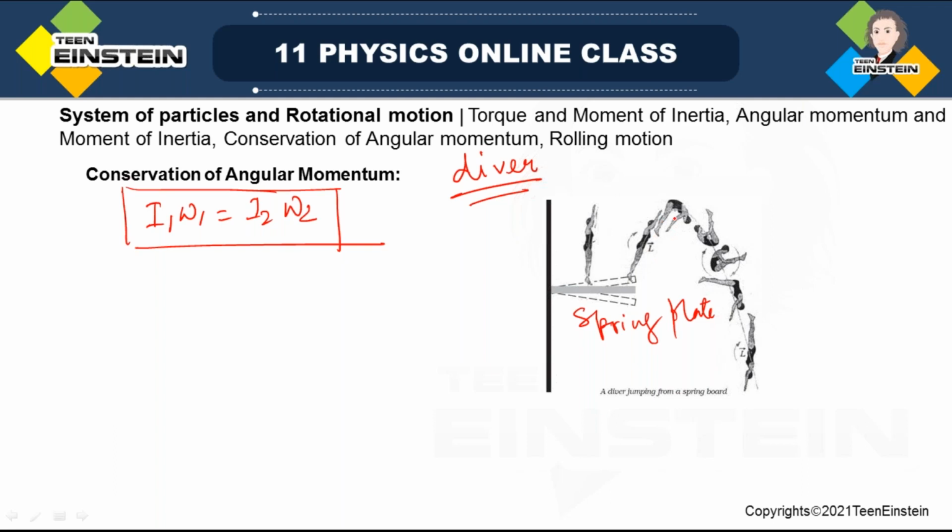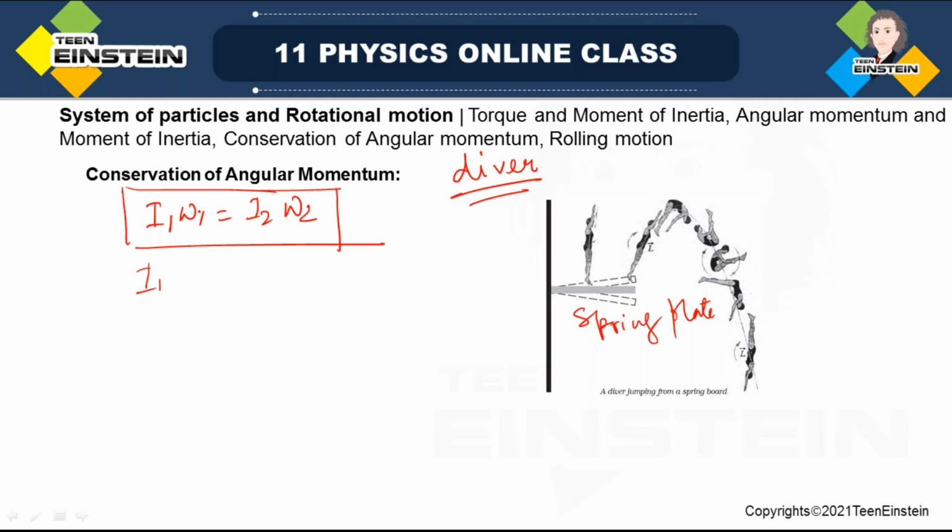Then see what the diver does. For some time they stretch their legs, or sometimes they pull their legs and hands towards the chest. From this formula you can understand that if I1 is more, then omega 1 will be less, or in the reverse way, if omega 1 is more, then I1 will be less.